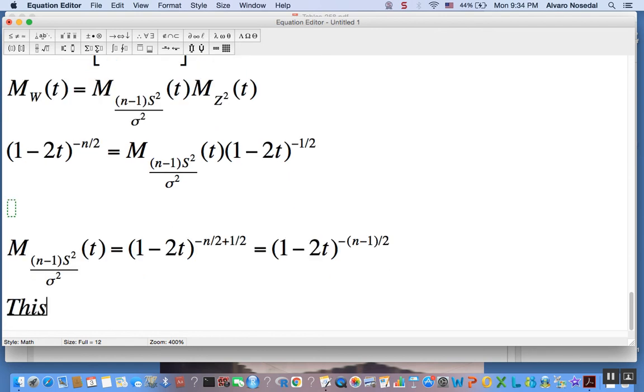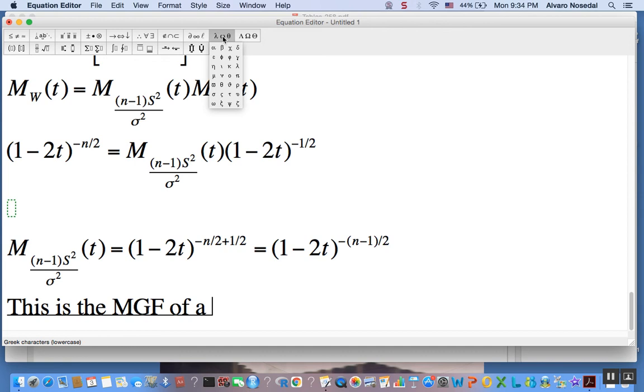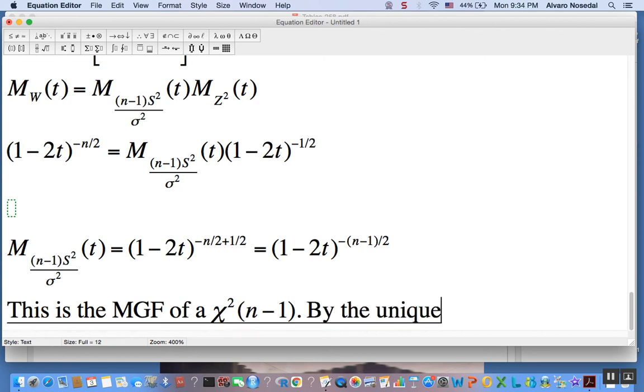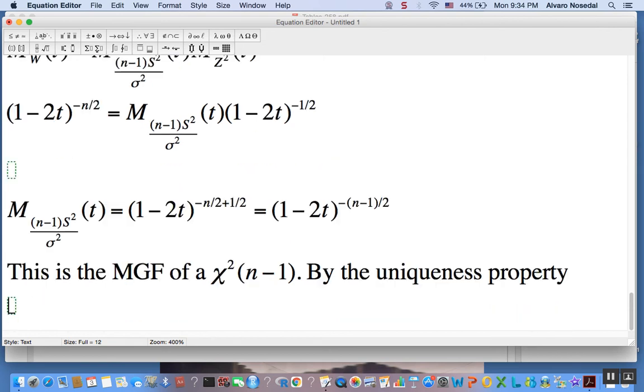Okay, so this is the MGF of a chi-square with n minus 1 degrees of freedom by the uniqueness property of MGFs.